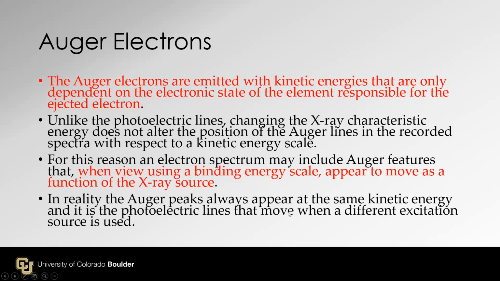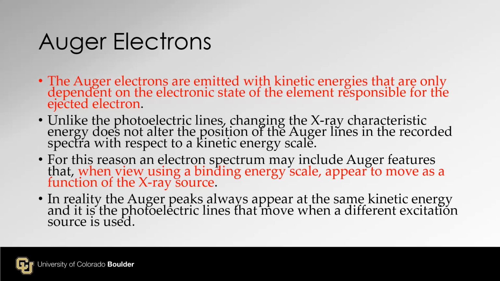However, in the XPS spectrum, we see this spectrum on the binding energy scale. On the binding energy scale, photoelectron locations do not change even if you change the type of incident X-ray photons.